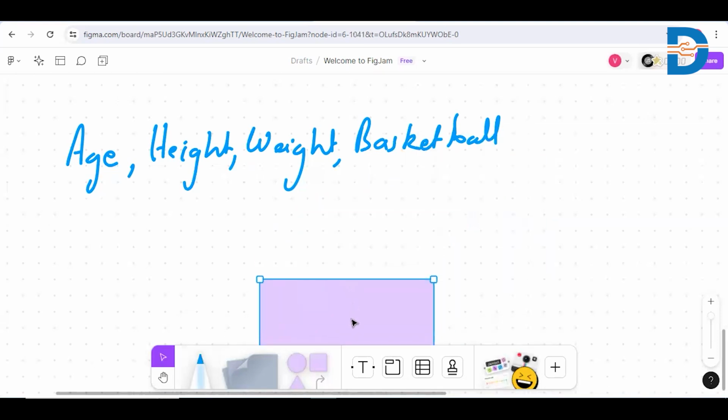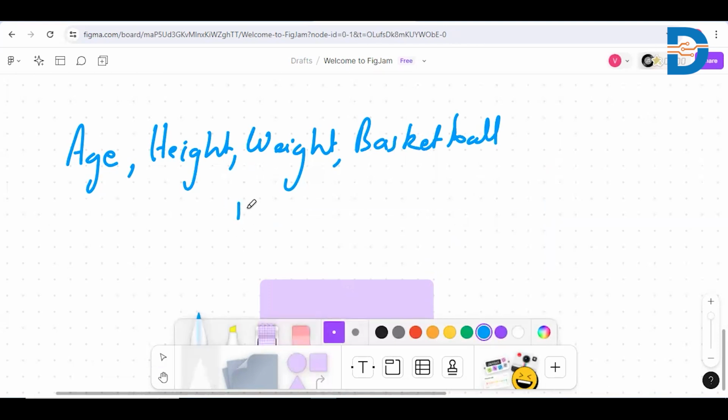So my intention is to come up with a machine learning algorithm using decision trees, which, when fed with all this data, I'm going to tell it what the age of the student is, how tall he is, and how much he weighs. And as a result, it should be able to tell me whether the student likes to play basketball or not.